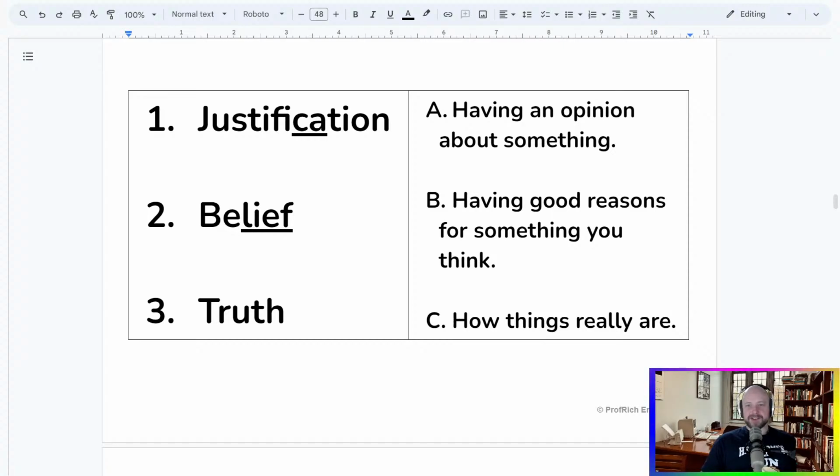ABC. Match the words to the definitions. I'll say them again. Justification, belief, truth. And we have having an opinion about something, having good reasons for something you think, and how things really are.